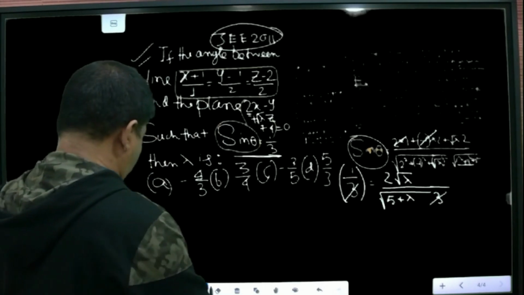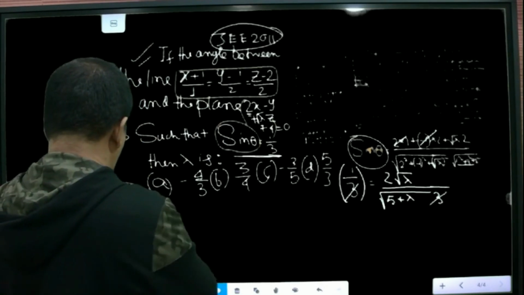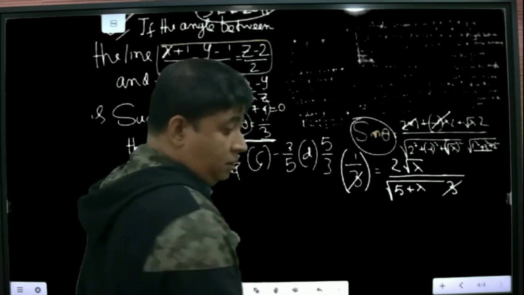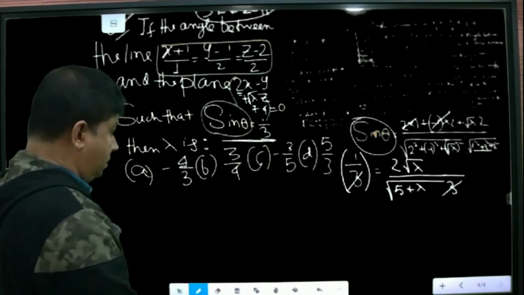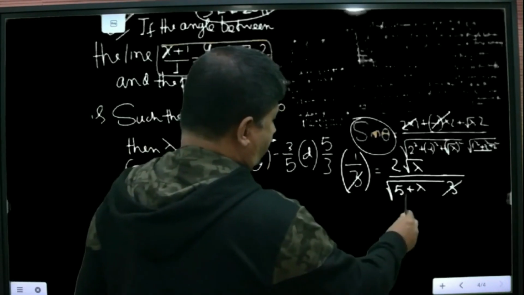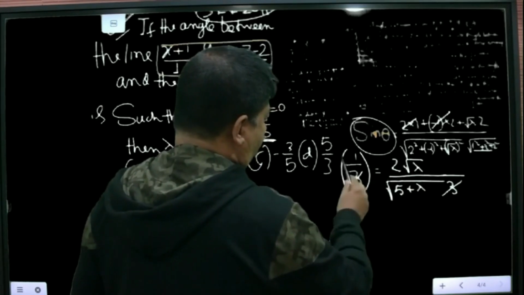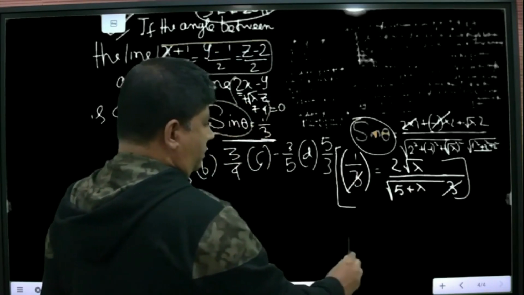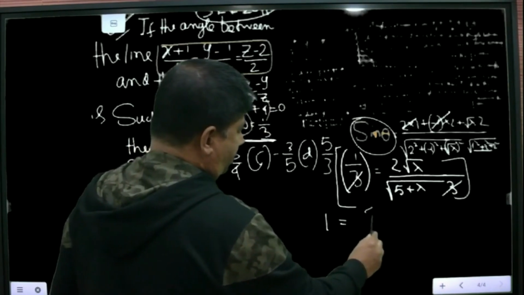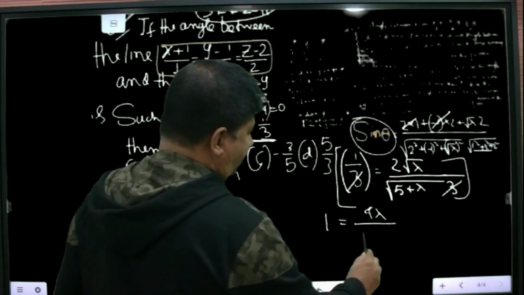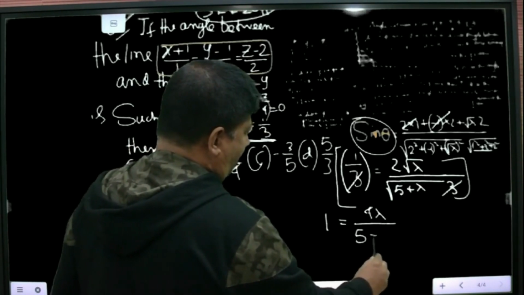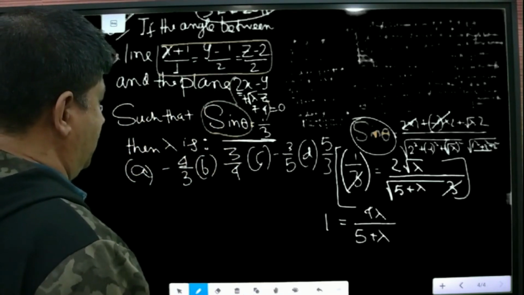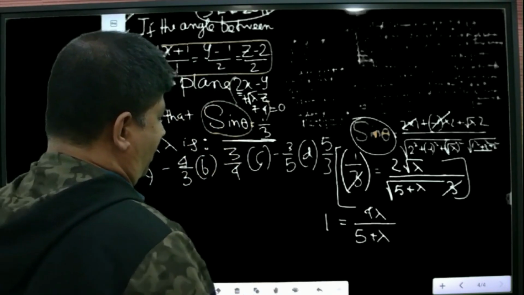Now we are about to reach the conclusion. See, here we have cancelled 3. So square both sides. 4 lambda is equal to 5 plus lambda.